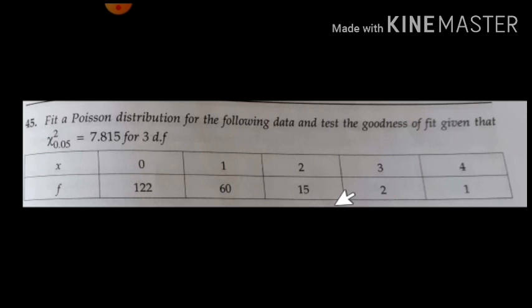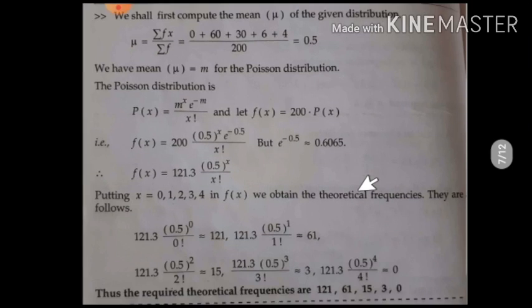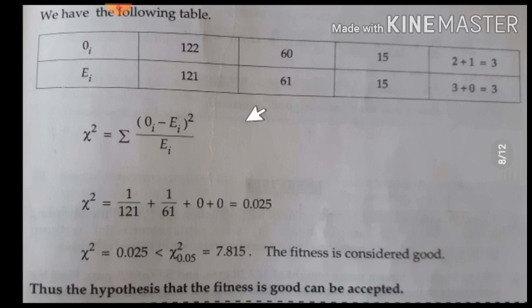To test the goodness of fit from the Poisson distribution, we need to write the observed value, which is given in the problem, and this is the expected value that we obtained by fitting a Poisson distribution. That obtained answer we need to write down, that is nothing but the theoretically obtained answer.